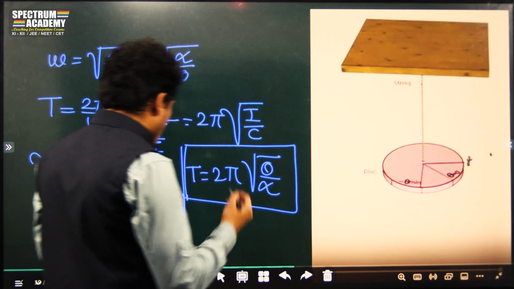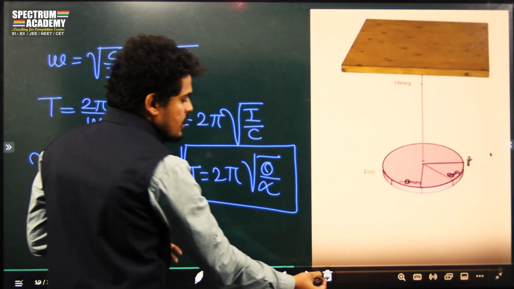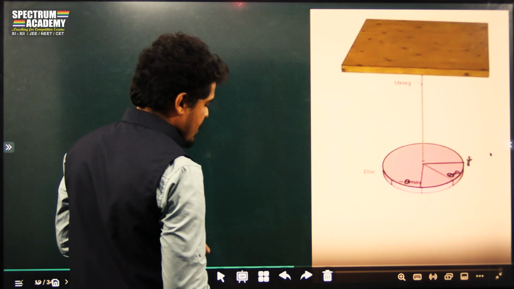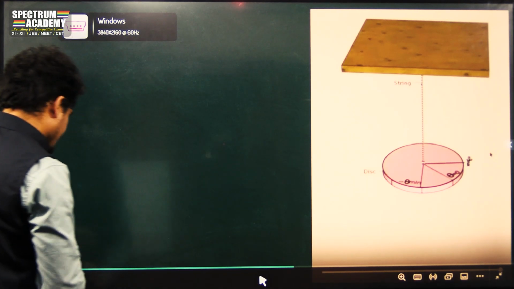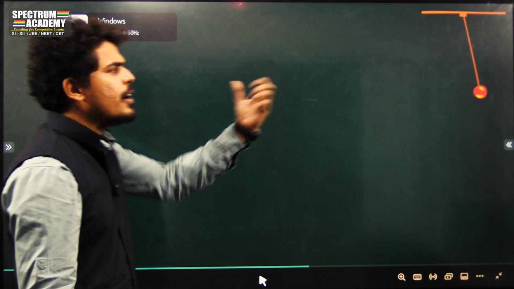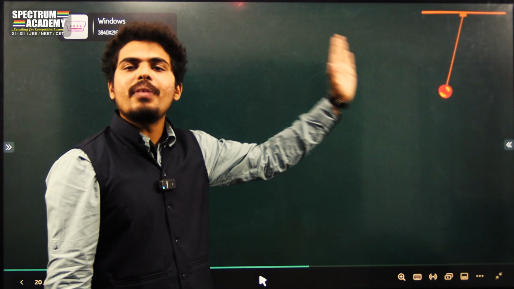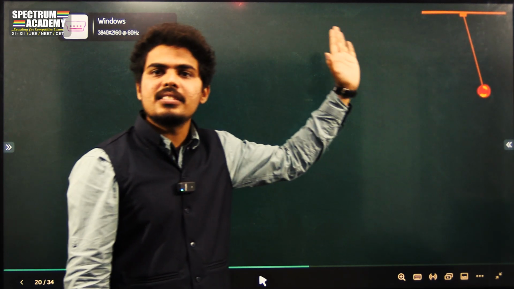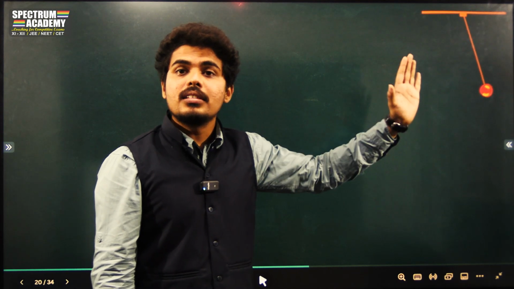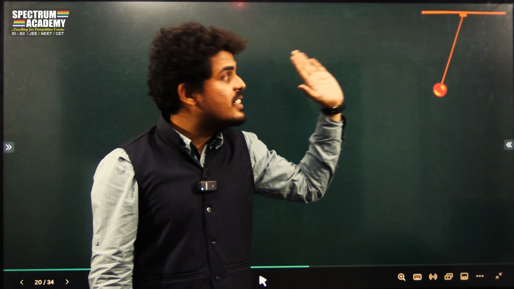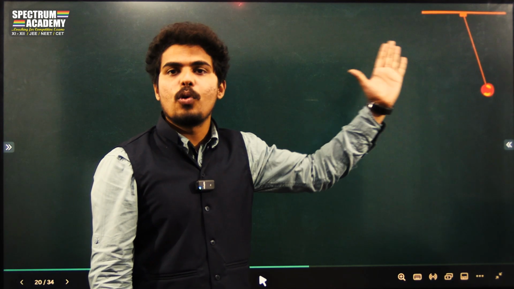So you all know the simple pendulum, right? So in that simple pendulum, consider some simple pendulum. It is performing some motion about its axis and it is performing motion in this plane, in the plane of the board.